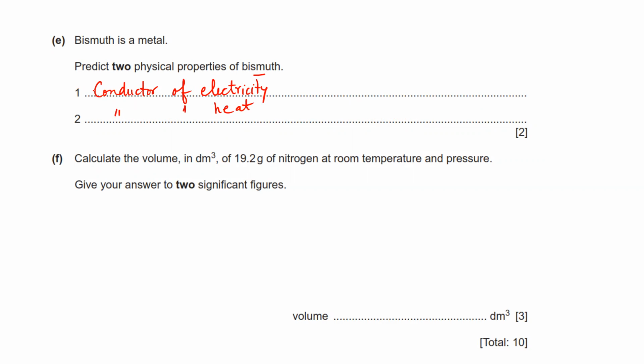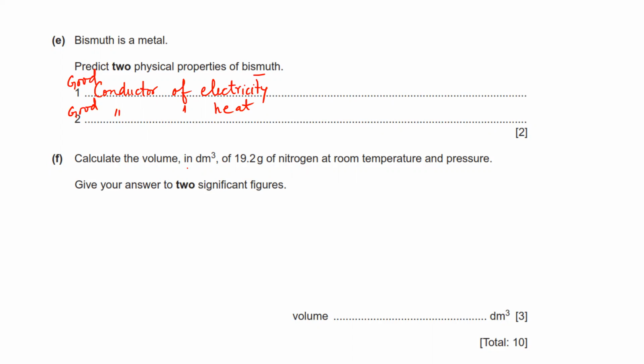Metals are good conductors of electricity and good conductors of heat. These are the best two properties of any metal, and whenever you write them, you'll be good. Also, you can write ductile, malleable, but again, these are the safest and most easily understandable.